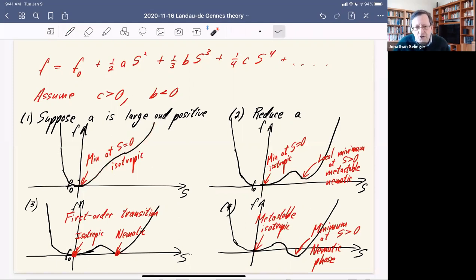And so there's only one real solution, which is S equals 0. So the first of the solutions, S equals 0, is one of the minima. The solution with the negative square root is the maximum. And the solution with the positive square root is the second minimum.